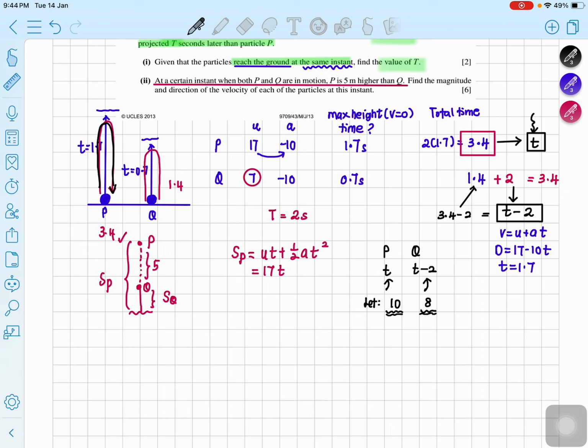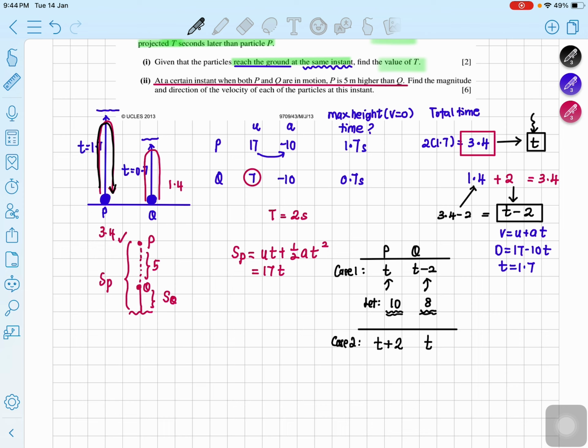What is another way of writing? Some student might say, why don't I let the time taken by the Q be t? This is also applicable. If you let the time taken by the Q be t, then for the P you will do t plus 2. So you can do either case 1 or case 2.